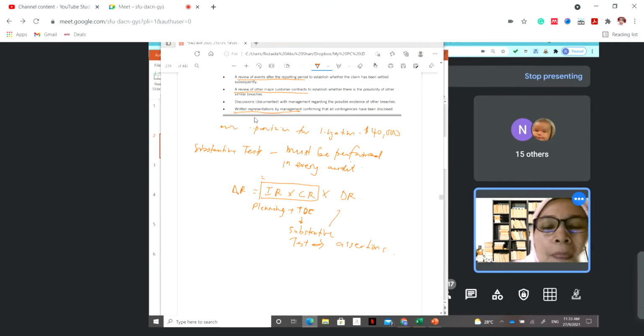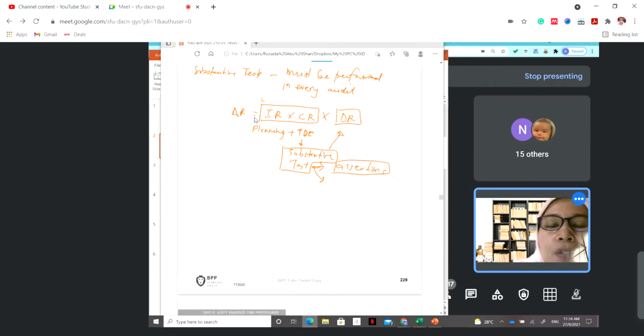Okay. So this will determine the substantive test, will determine the level of detection risk. So if you perform your substantive test well, you able to achieve the assertion. Okay, and you at the end, you able to gather sufficient appropriate audit evidence.